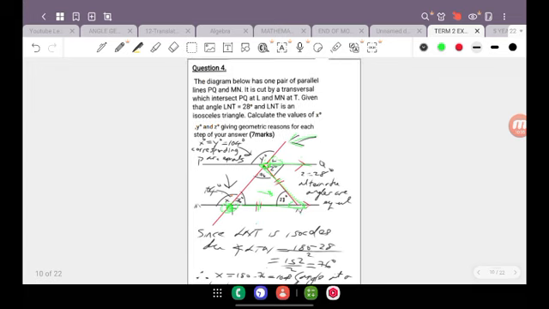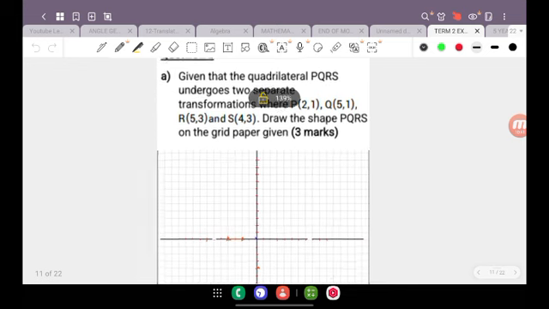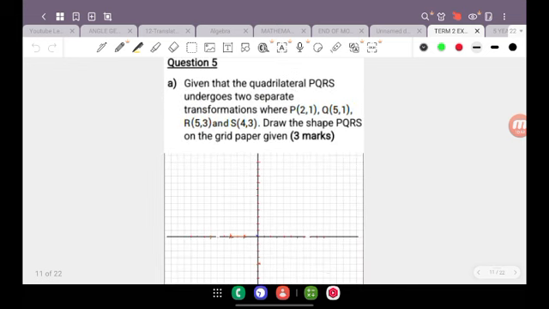All right, so we're going to move on to question 5 here. We are finally getting to the integral part of the paper. We're going to be touching base on what is known as transformation geometry. For question 5, we're given that the quadrilateral PQRS undergoes 2 separate transformations, where P is equal to (2, 1), Q is equal to (5, 1), R is equal to (5, 3), and S is equal to (4, 3).